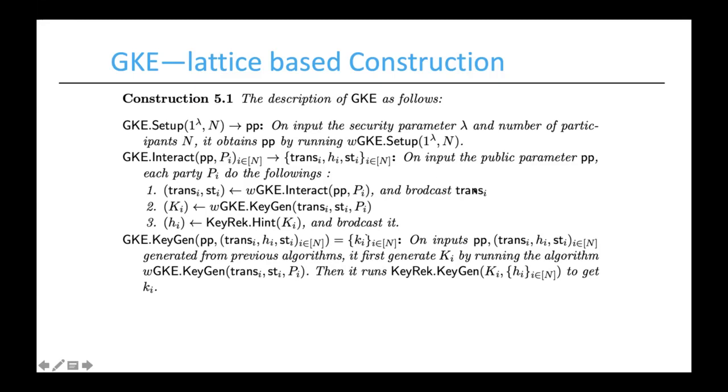After that, each party receives the Hi, all the hint functions and the transitions, and has its own state STi. Every party will run the kgen algorithm of weak GKE and compute Ki, which are approximately the same. Then they use the kgen algorithm of the reconciliation mechanism and compute the final K.